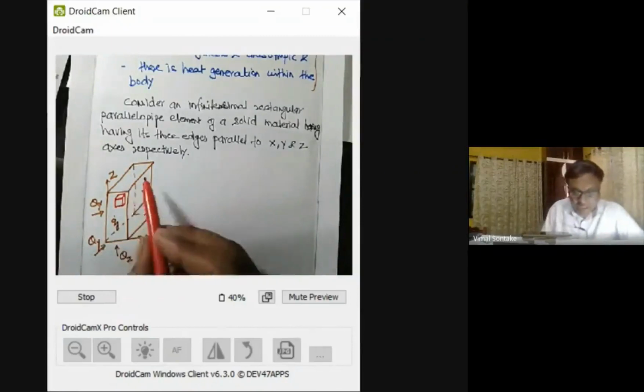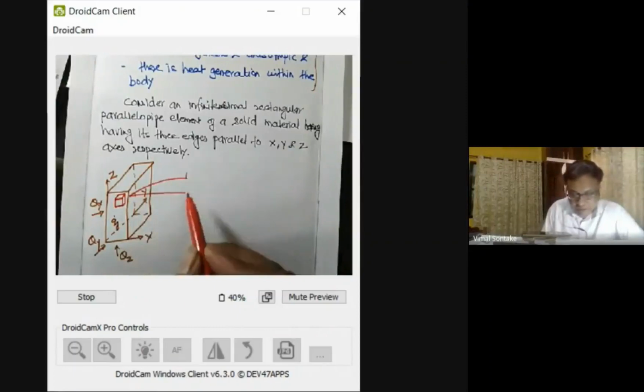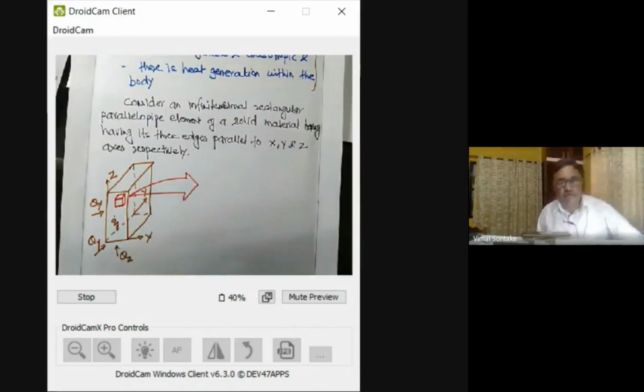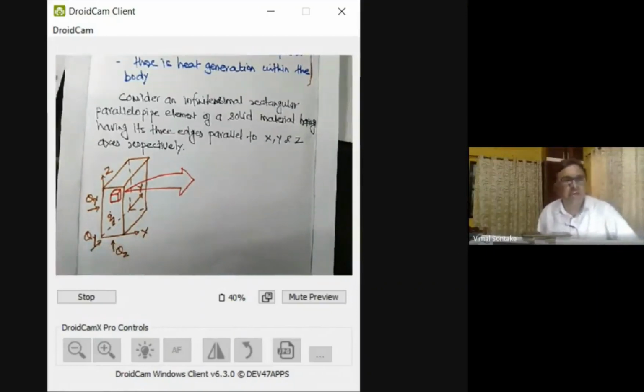Now let us draw this parallelopiped element and its enlarged view so that I can represent all the required heat transfer and other conditions and able to see in a clear manner.